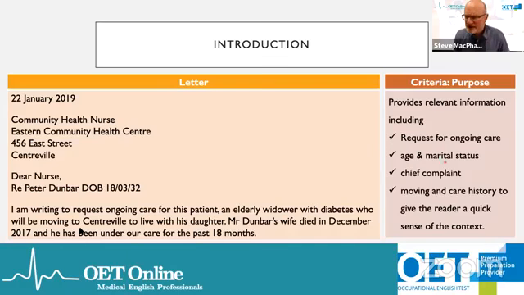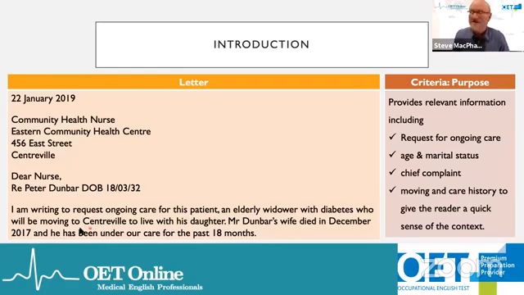We've mentioned his age and marital status. I mean, we didn't say his exact age, simply he's elderly, which is a nice touch. And he's a widower, which means that his wife has died. So that's relevant. We've got the chief complaint, which is his diabetic condition. That's the main issue there. And very importantly, the context is immediately clear.